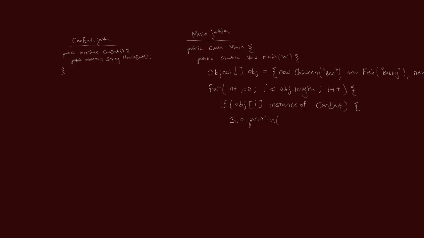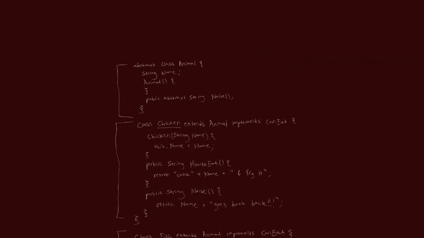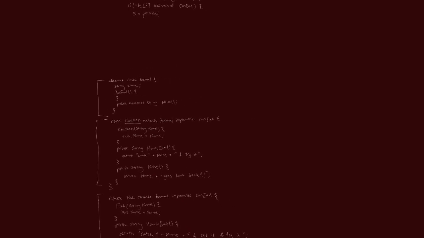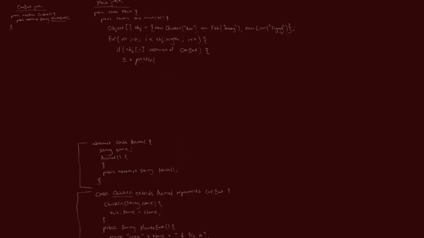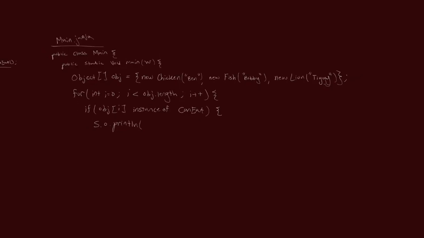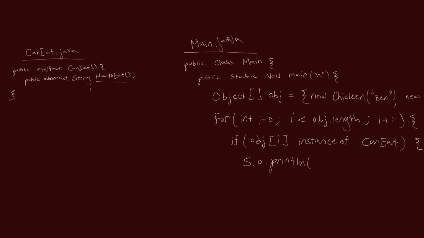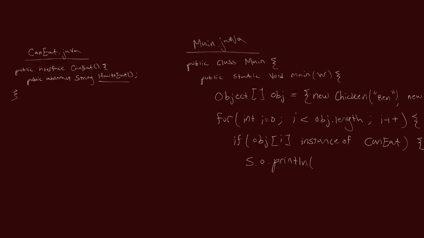So if one of these classes belongs to the can eat interface, it'll have a how to eat method as well as a noise method. Okay, so the only two that fulfill this are the chicken and the fish, because they are instances of the can eat interface.